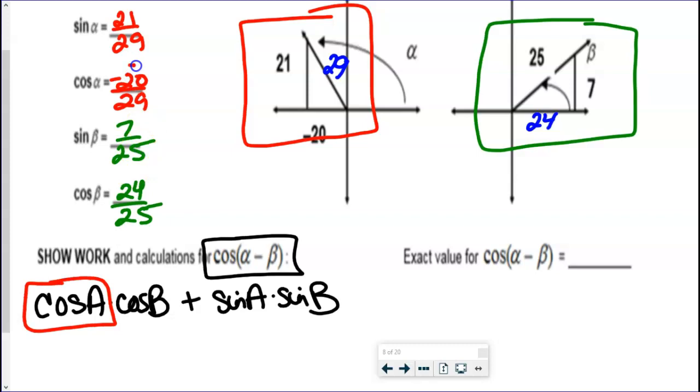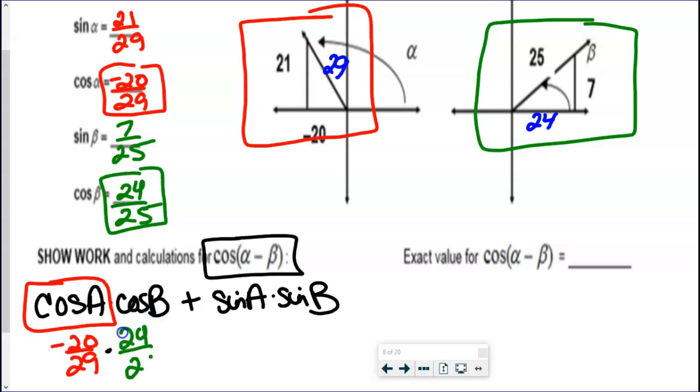You have a ratio for that, right? It's right here, negative 20 over 29. And you're multiplying that by the cosine of beta, which is this guy. And then there's a plus sign between these fractions. And then sine of alpha over here, 21 over 29. And you're multiplying that by the sine of beta, which is 7 over 25.